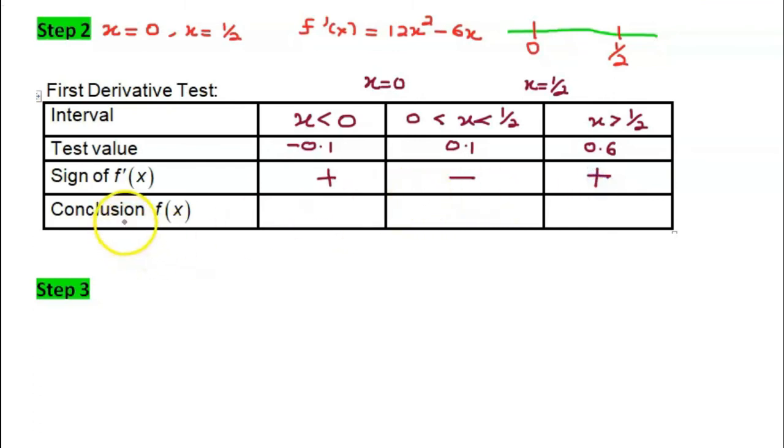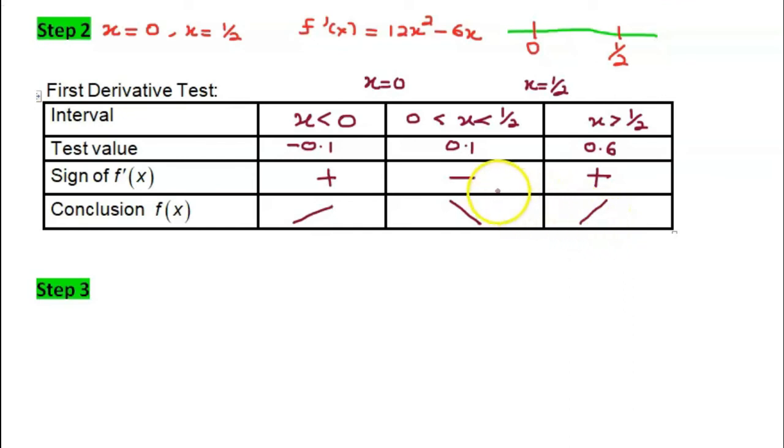Next is the conclusion. Whenever we see a positive sign of f prime of x, we will say the graph is increasing, a negative sign shows the graph is decreasing, and a positive sign shows again the graph is increasing.